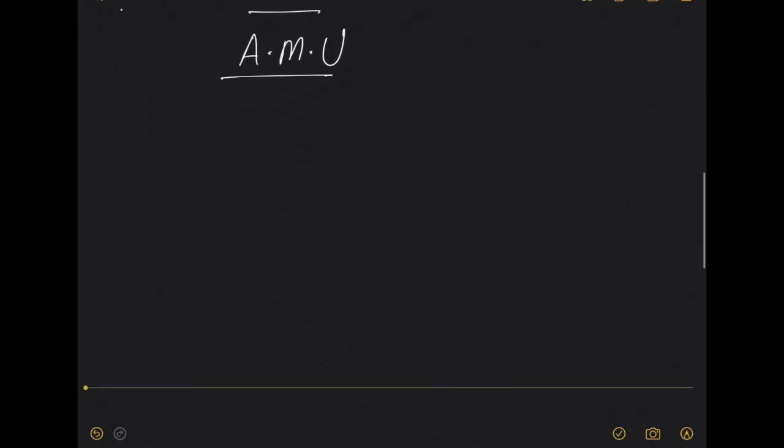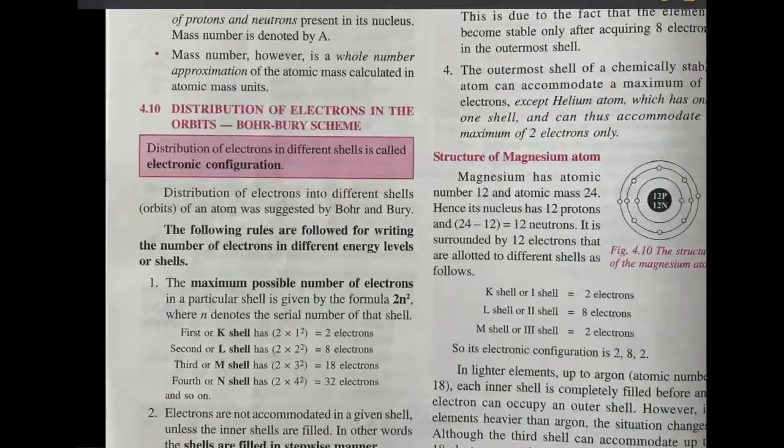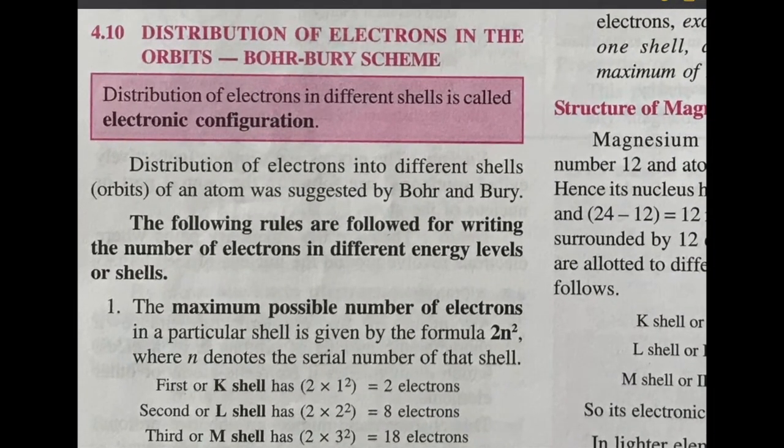Now next we will talk about the distribution of electrons in the orbits. I already told you about the distribution of electrons when I was explaining the atomic structure. The first orbit will have 2 electrons. It cannot have more than 2 electrons. Similarly, the second will have 8 electrons, and so on.